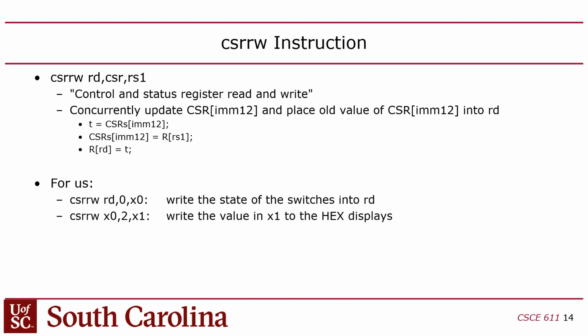And it puts the result of that into register RD. So it's going to read a special register that exists outside the CPU core, which in our case is the switches. You know the switches on the board? That's what we're reading, whatever the user has put the switches into.